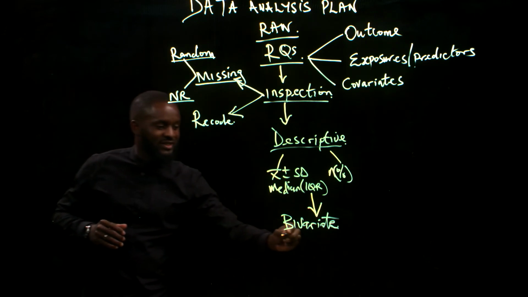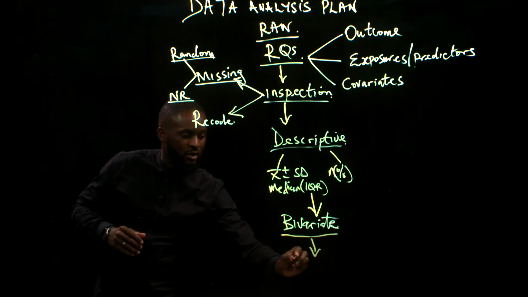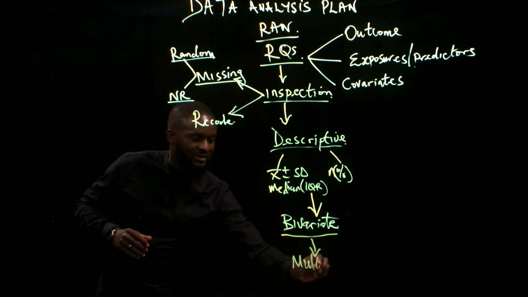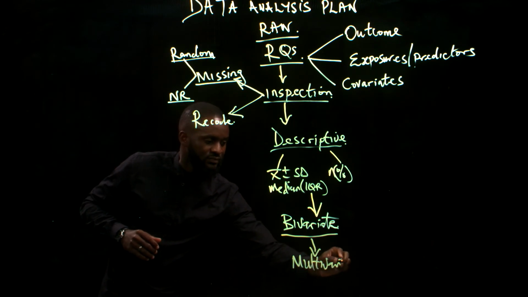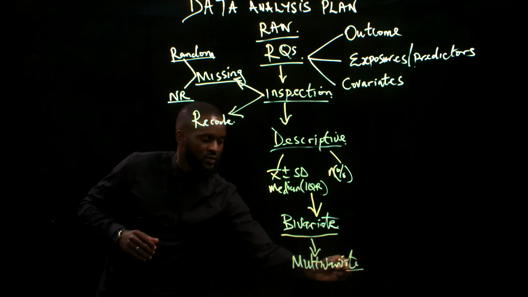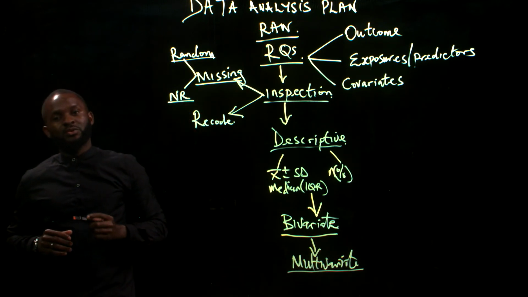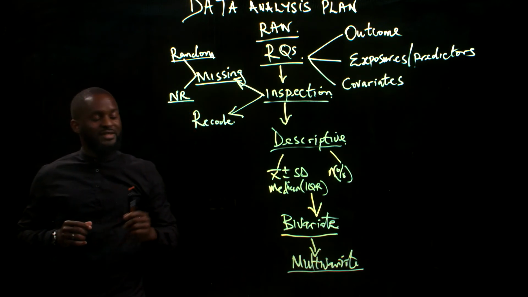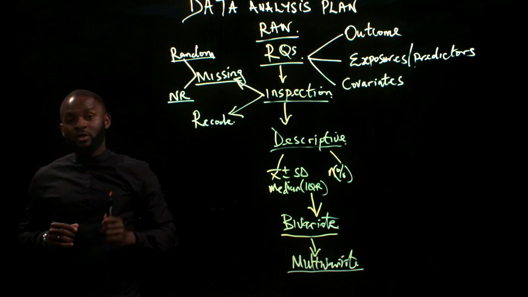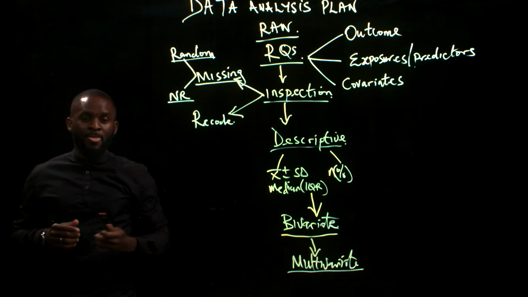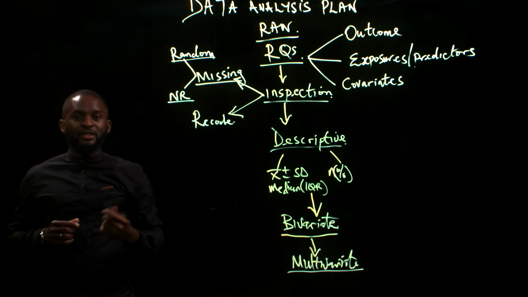When you're done with this, then you go to what we call multivariate analysis. With your multivariate analysis, you determine the appropriate kind of analysis to do. If your outcome is a continuous variable, you probably want to do a linear regression.